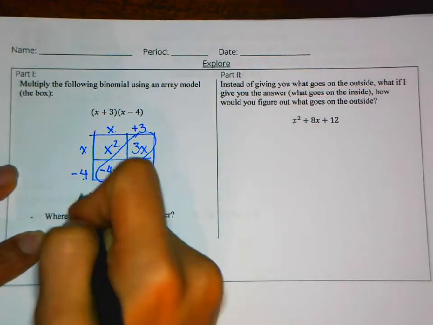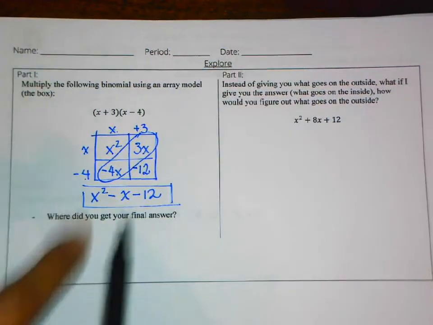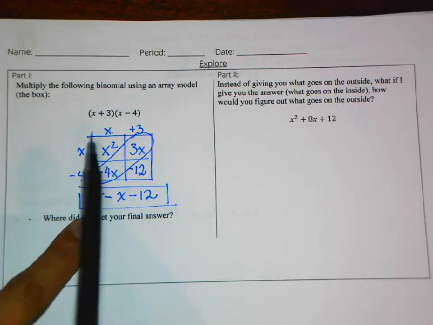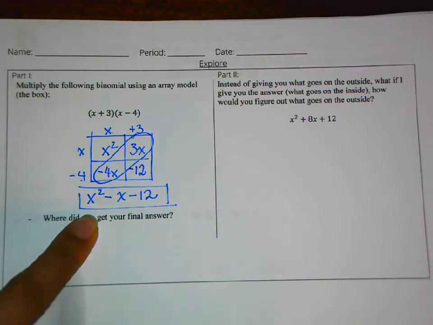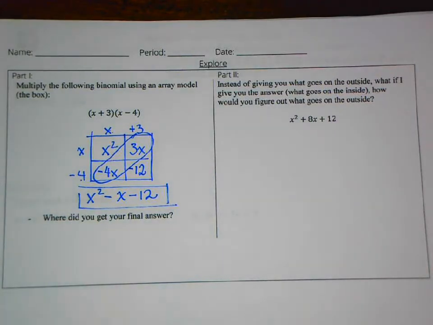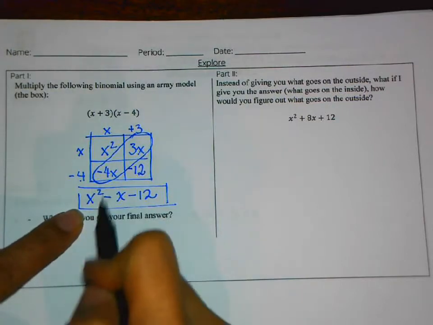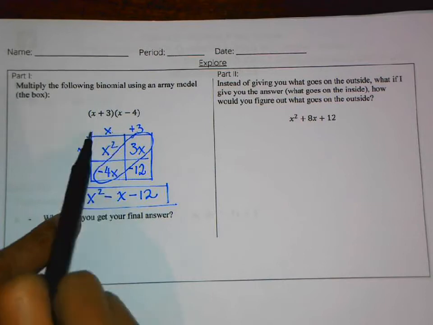And what we're going to end up doing is getting the area of a box when we factor, and we need to figure out what's the length and what's the width of that box. This is really important because we need to know where these numbers are coming from. Your first term, the x squared, is the very first box right there.